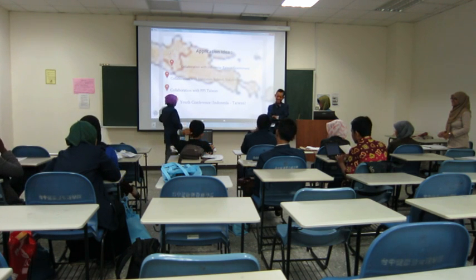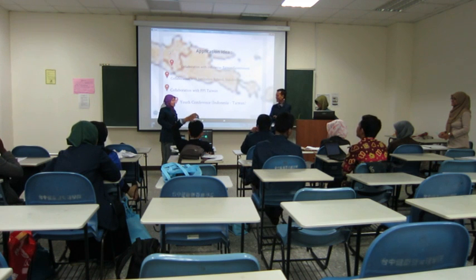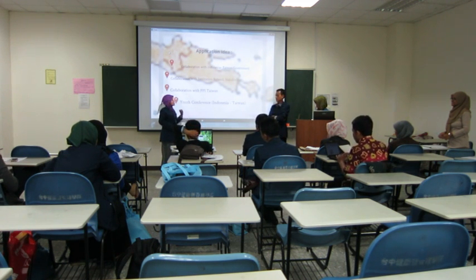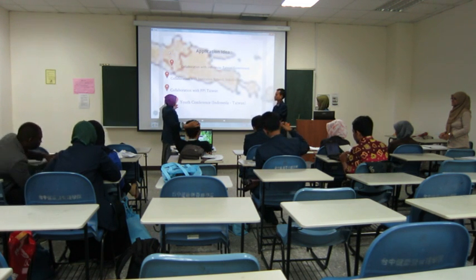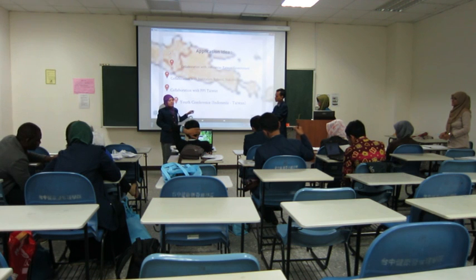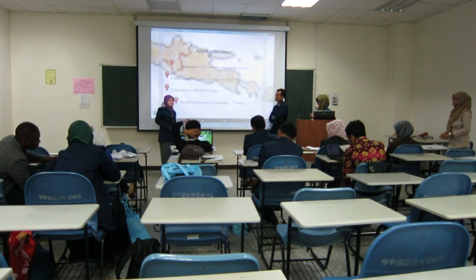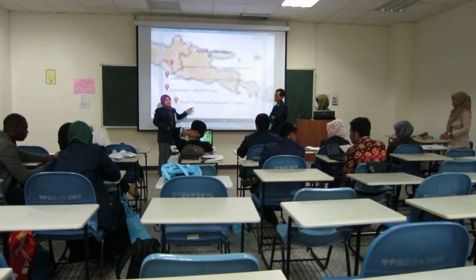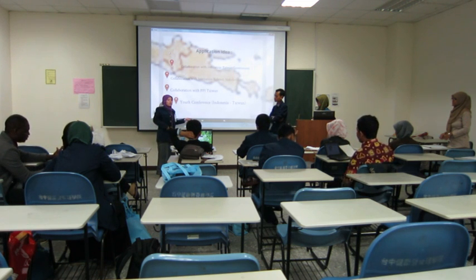Okay, maybe the first step is that we build a relationship with the government and stakeholders to create regulation about the limit of the fish catch. So if there are any fishermen who do not catch fish in accordance with the regulation, is there any tax? Is there any punishment?